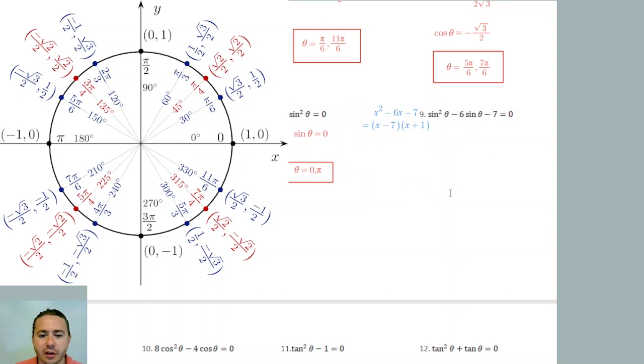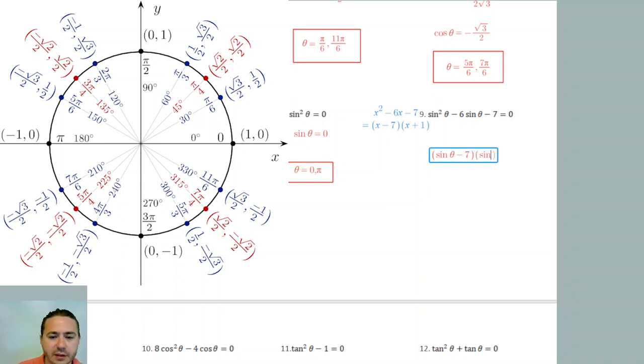So my first step that I'm going to write here now is going to be sine theta minus 7 times sine theta. Did that really do what I thought it did? How did I get that on there? That's weird.